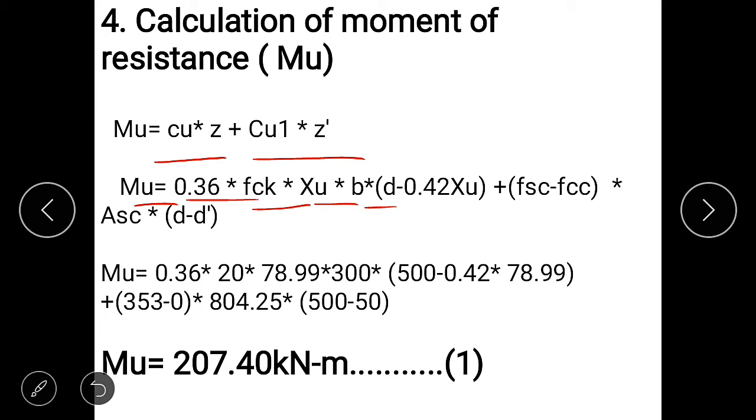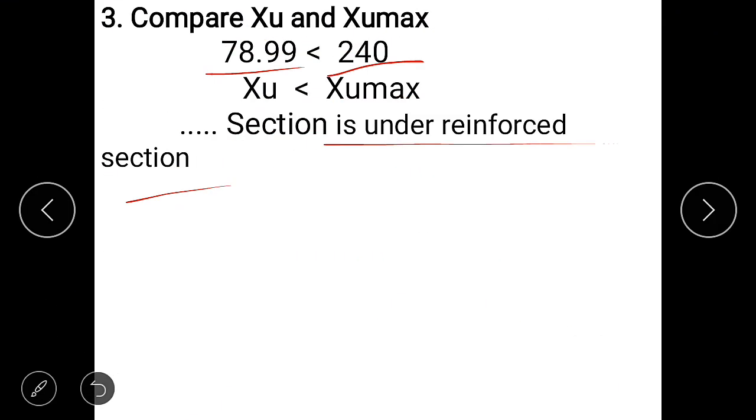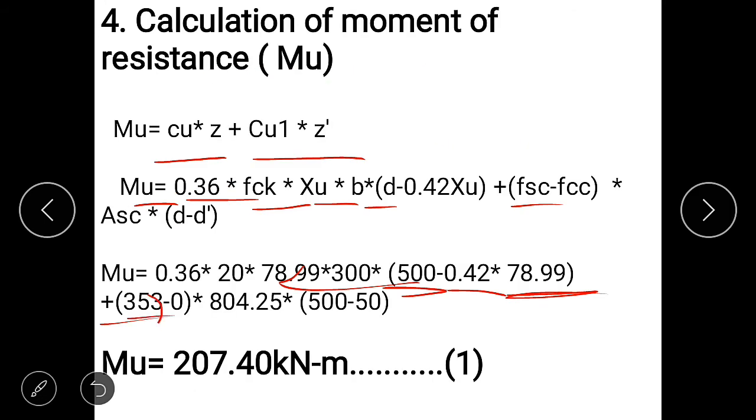So put values in this formula. Mu is equal to 0.36 into FCK is 20, XU is 78.99, B is 300, d is 500, minus 0.42 into XU 78.99, plus FSC is 352, already we calculated, minus 0 into ASC is 804.25, into d, depth is 500 and d dash cover is 50.